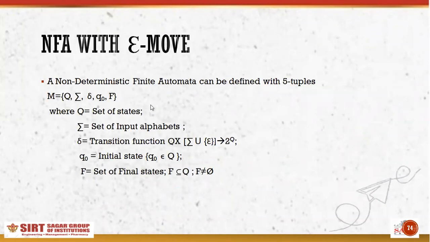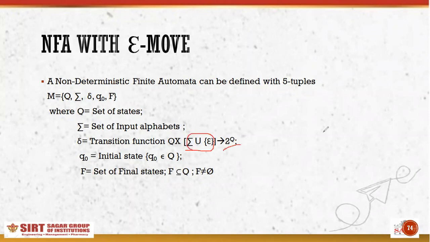So if I make you recall this concept of NFA with epsilon move, this is nothing but an NFA which can be defined with 5 tuples, that is Q, sigma, delta, Q naught, and F. Q is the set of states, sigma is the set of input alphabet, delta is the transition function, and the transition function here is slightly different from the NFA, where in the input alphabet you are considering a special symbol which is known as epsilon or null string.